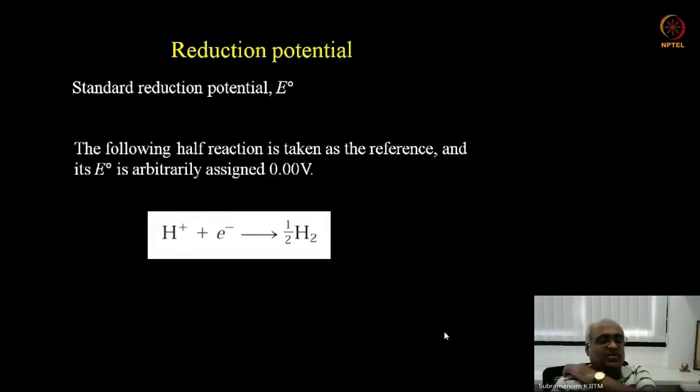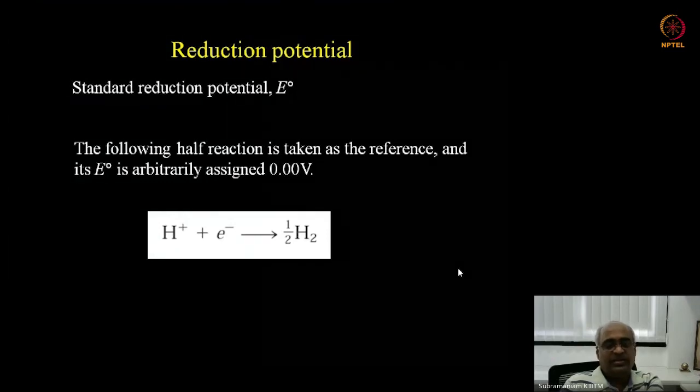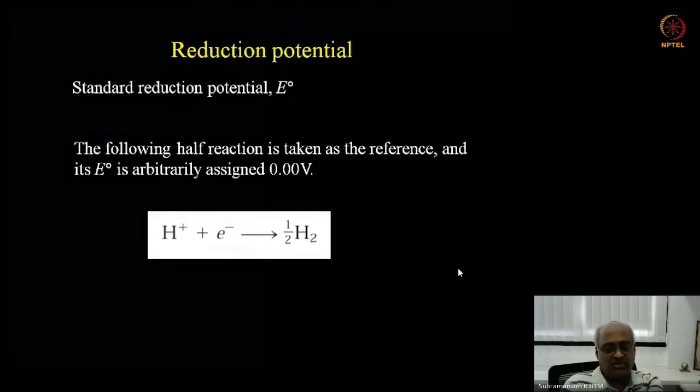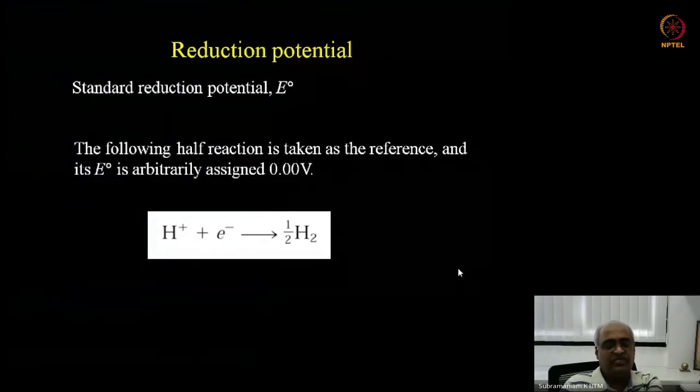So now we are going to talk about a concept called reduction potential. Reduction potential is the potential of a molecule to take up or give electrons. It's basically defining affinity for electron in a different way.